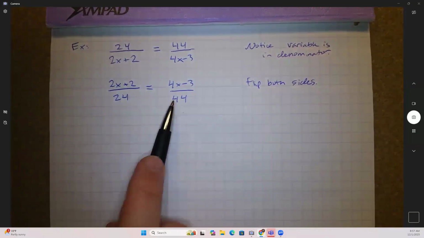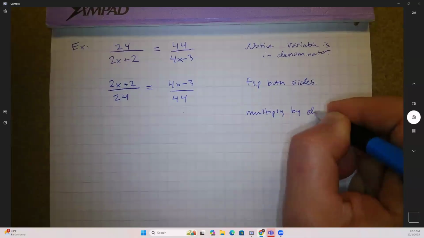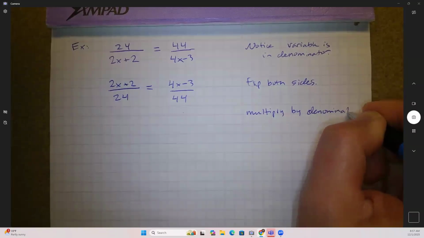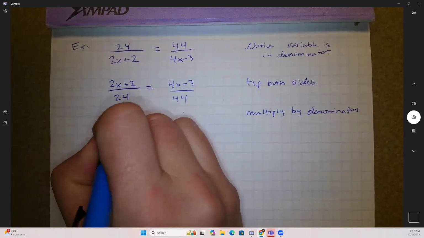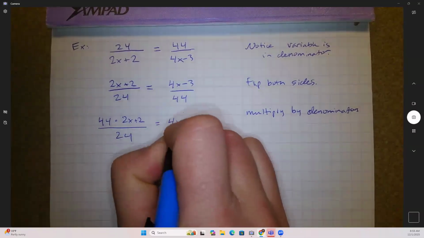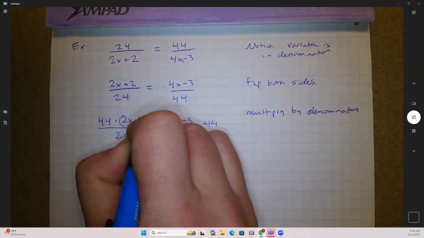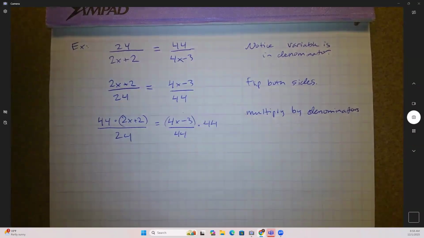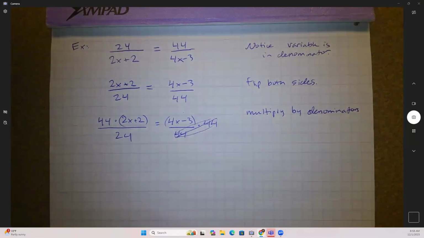Now I've got them trapped in fractions, so I'm going to multiply by the denominators. So I'm going to do both sides times 44. I'll do it one step at a time. And let's add some redundant but helpful parentheses to keep track. And that's going to cancel the 44 on the right side.